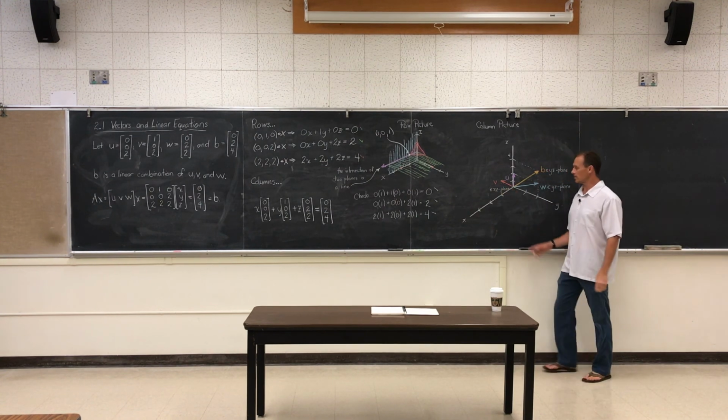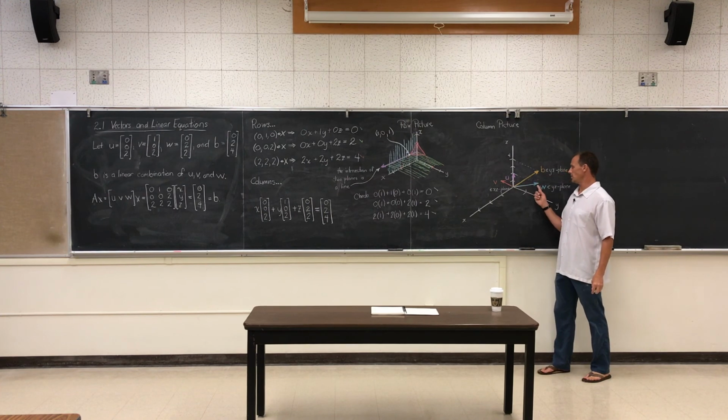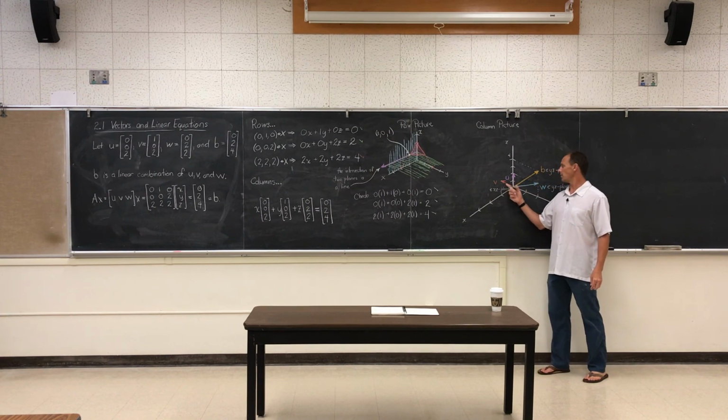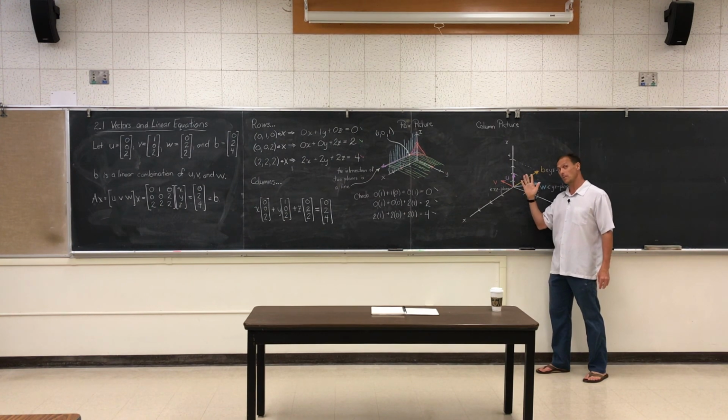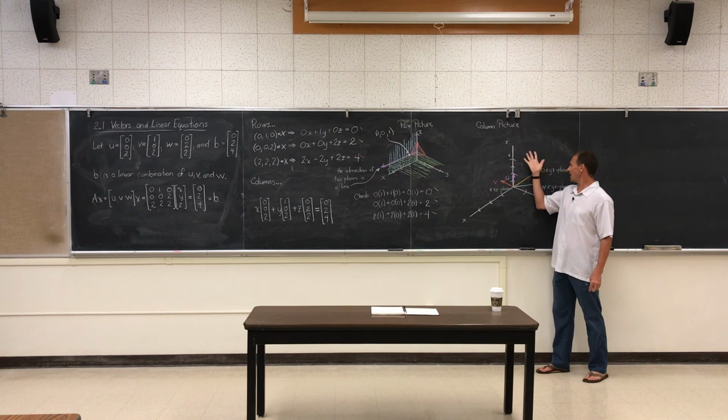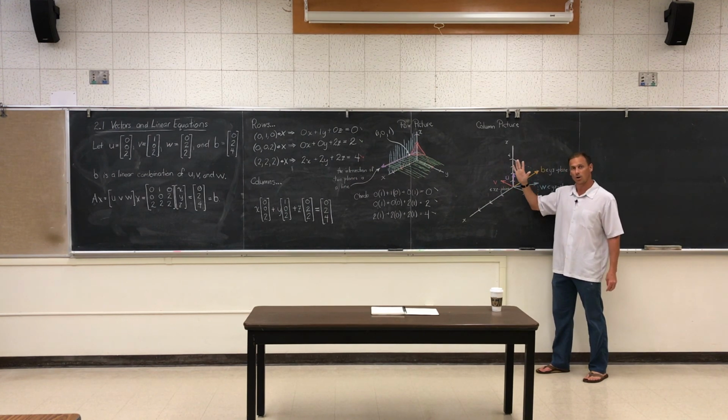In other words, if I take u and w and I add v, I'm going to take the result of u and w, which is, say it's flat on the board, and I'm going to move it out. Or if v was negative, I would be moving it back behind the board. So what does that tell us? It tells us I don't think we want v, because if we add u and w, we stay in the yz plane. As soon as we add v, we can get all of the three-dimensional space.